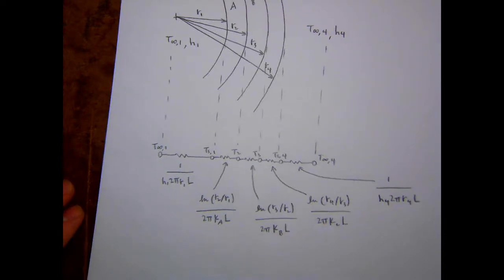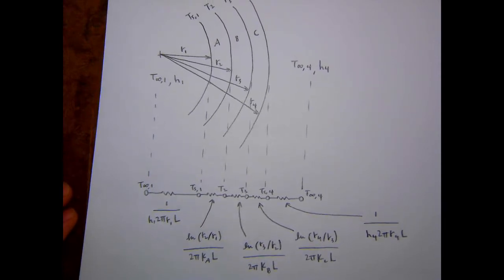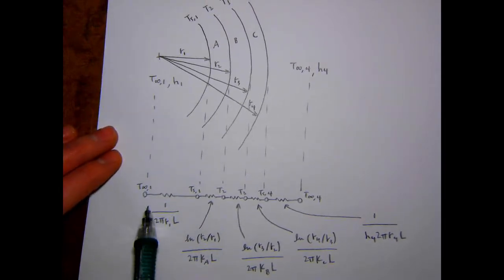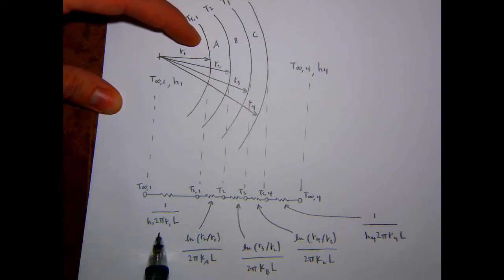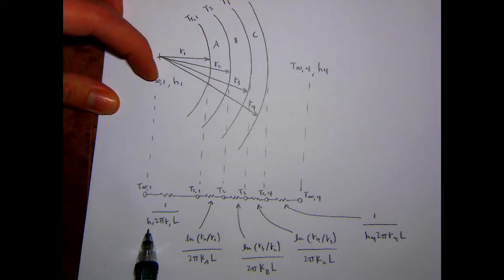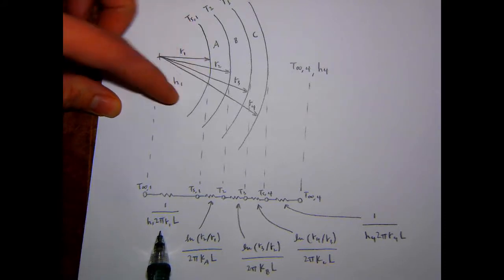Okay, so I had to expand out here a little bit just to fit it all in. But you can see if we step through T infinity to the first surface temperature, that's convection. So 1 over HA. So H1 is the convection coefficient for the first fluid, and then the area, 2 pi R L. Notice we're using R1, so the inner radius.